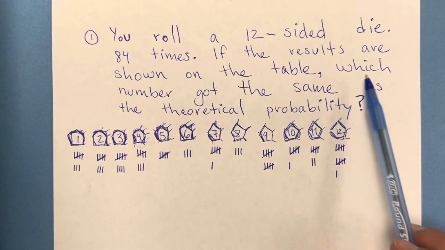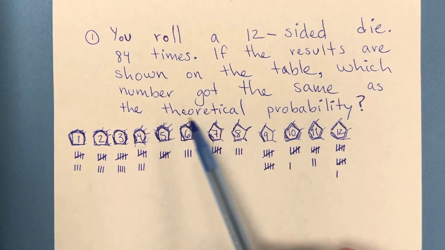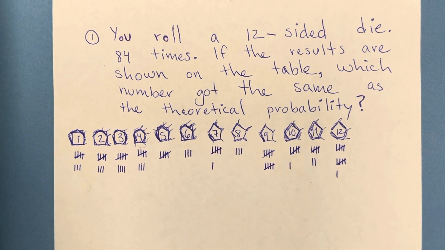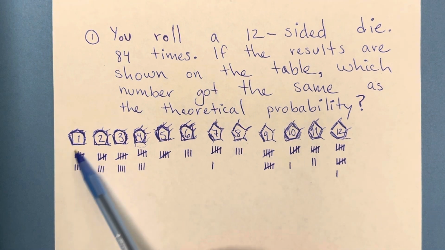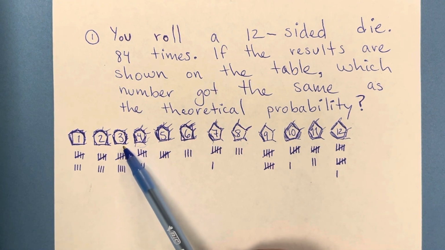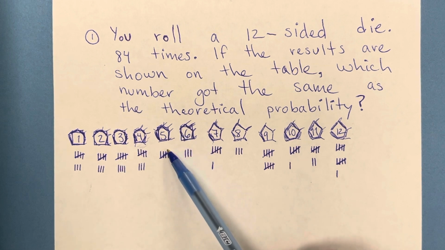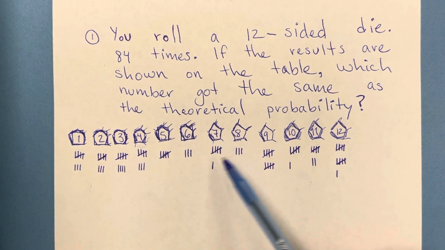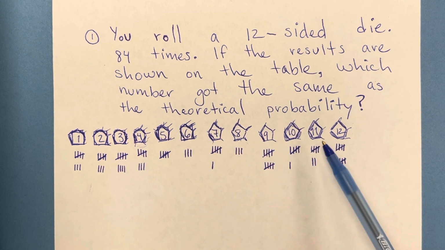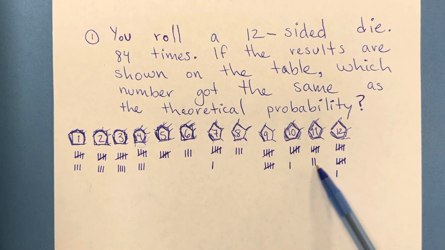And that's what it's asking. Which number got the same as the theoretical probability? Well, we say that the theoretical probability will be 7. So number 1 has 8, number 2 has 9, then 8, 5, 3, 6, 3, 10, 6, 7.